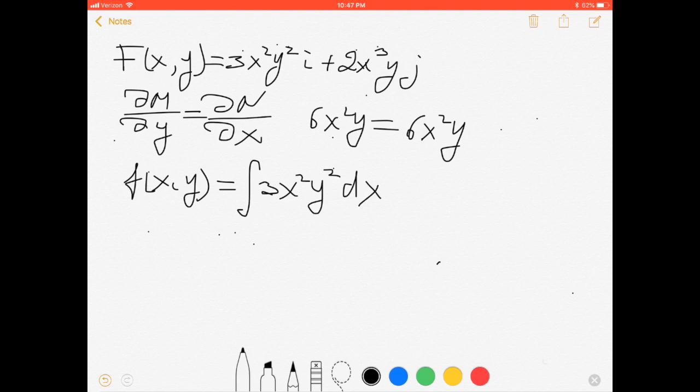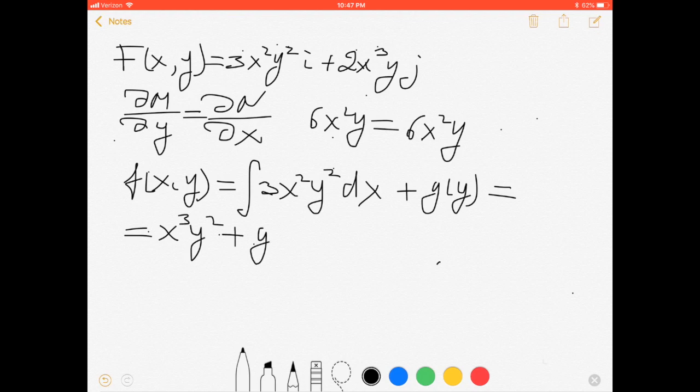And maybe we have some part that depends only on y, so maybe g depends on y. Finding this integral is no problem. We have x cubed y squared plus maybe a part depending only on y.